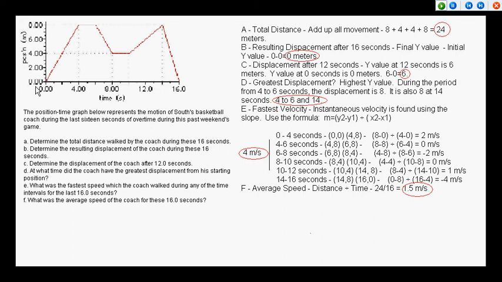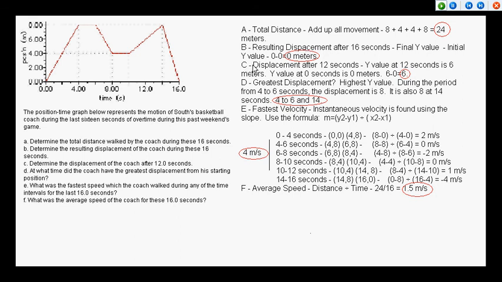So in real life, this would be like a coach who started at a certain spot, he walked around, and then ended up in the same spot. So to find displacement, you do the final y value minus the initial y value, and in that case that's 0 minus 0, so you get a resulting displacement of 0 meters. So he just ended up in the same spot he began in.